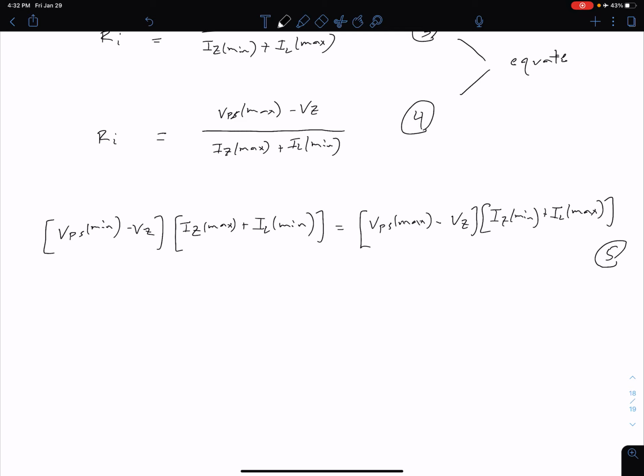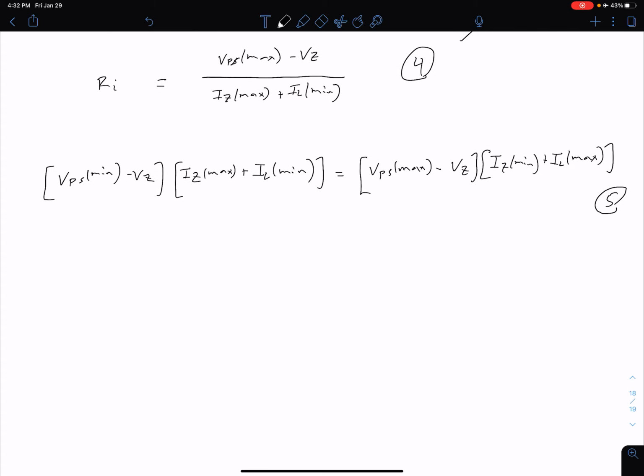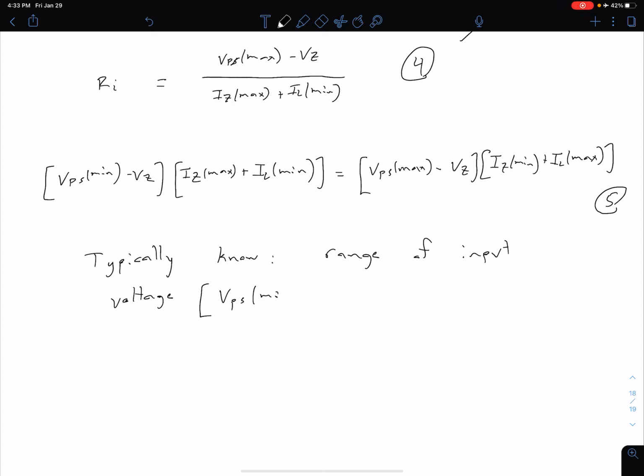Okay, so let's think about a typical problem, and we'll see this in the example in the next video. Typically for a problem, we're going to know several of these values. Let's clean that up a little bit. Typically, we are going to know our range of the input voltages. For instance, if it's coming off of a rectifier circuit, maybe we've done calculations, so we know the range of our input voltages, which means we know VPS min and VPS max.